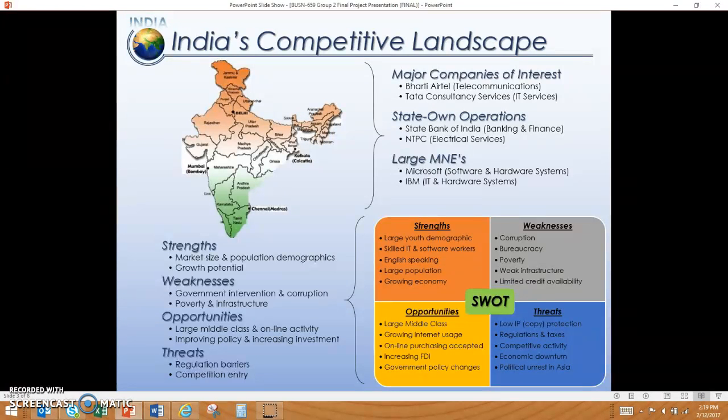Emerging opportunities are a growing middle class of Internet users. Significant threats are increased regulation policy barriers and competitive moves to take Shared Squared's market share. Shared Squared will optimize their entry strategy to play to India and Shared Squared's strengths in order to exploit targeted opportunities while simultaneously countering known and emerging weaknesses and threats.